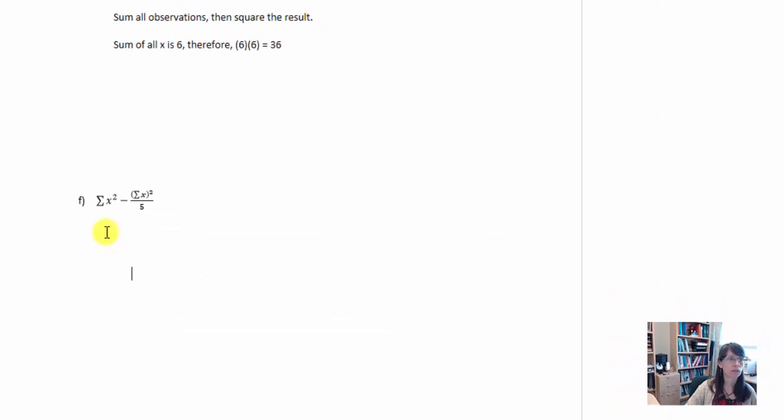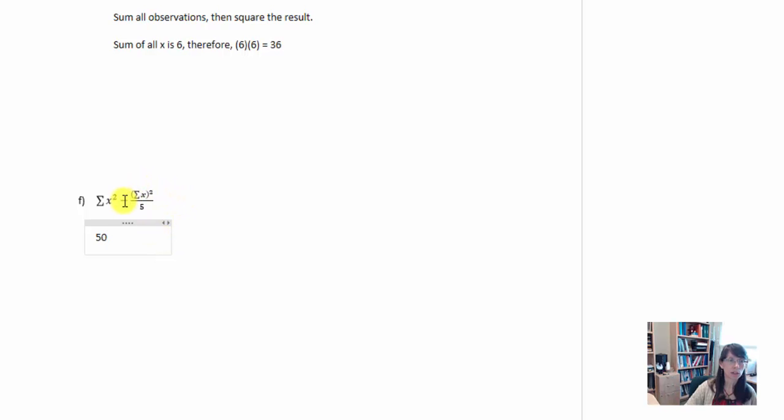So now for the final problem, the sum of x squared minus the quantity of the sum of x, squared, divided by 5 is just using some substitution because we've made these calculations already. The sum of the x squared values was equal to 50. The quantity of the sum of x, squared, in the previous step, that was 36.